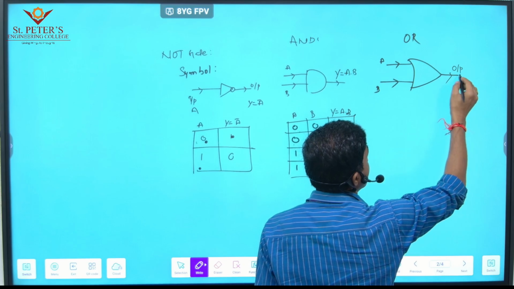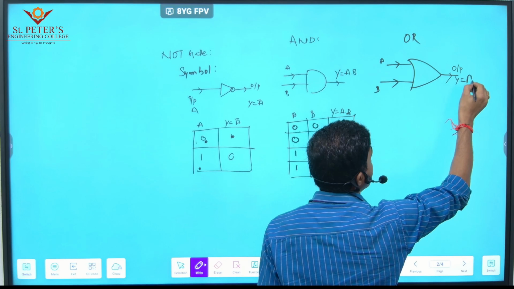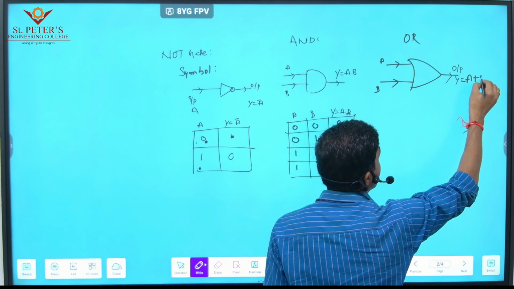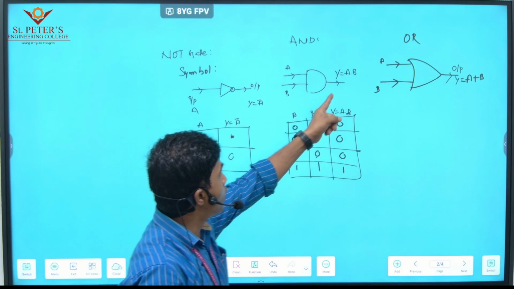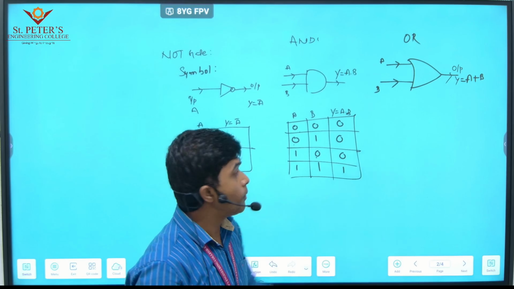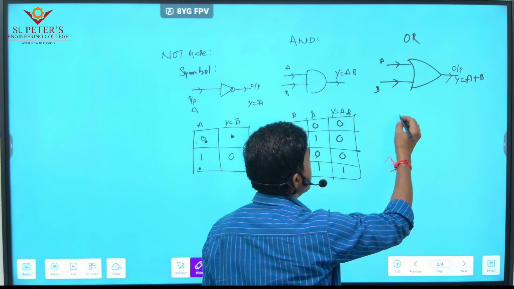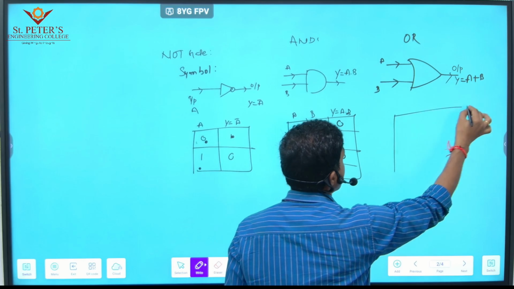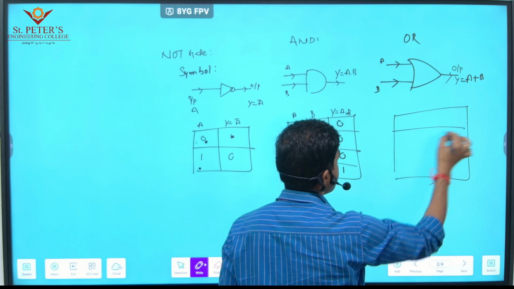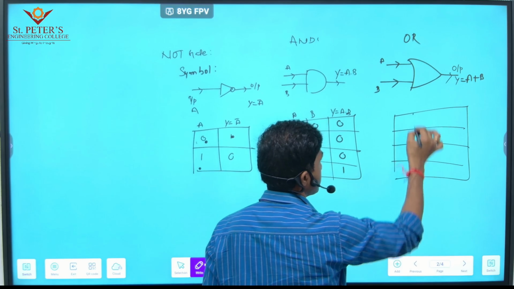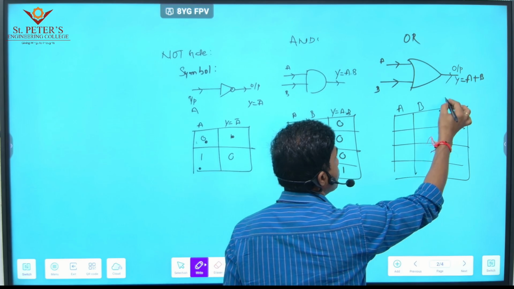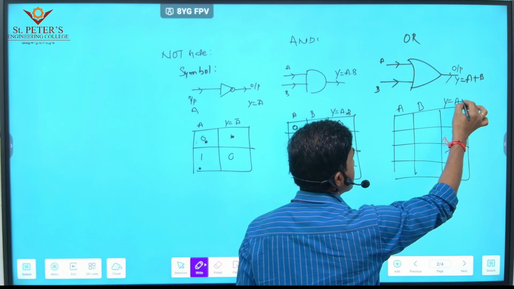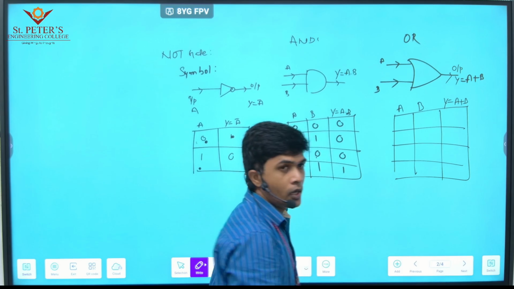So Y is equal to, the OR operation is denoted by plus symbol, AND operation is denoted by dot symbol, OR operation is denoted by plus symbol. If I draw the truth table of this OR gate, this is A input, B second input, Y is equal to A plus B, or A OR B.